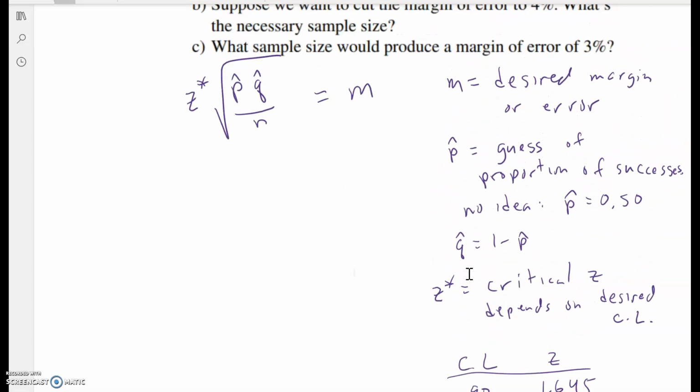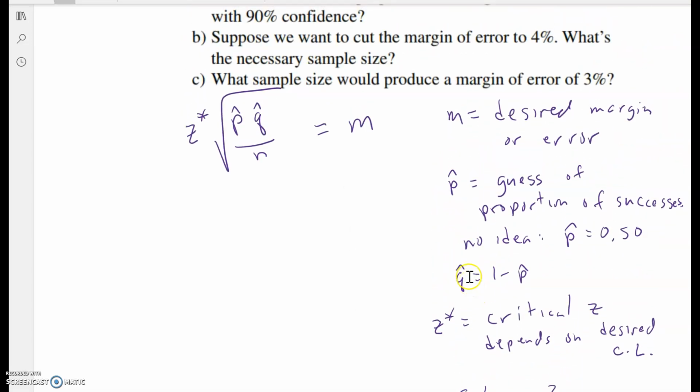So step one is to figure out what m, p hat, and so on are, and then you plug them in. Plug in the numbers. Once you've done that, you have to solve for n.